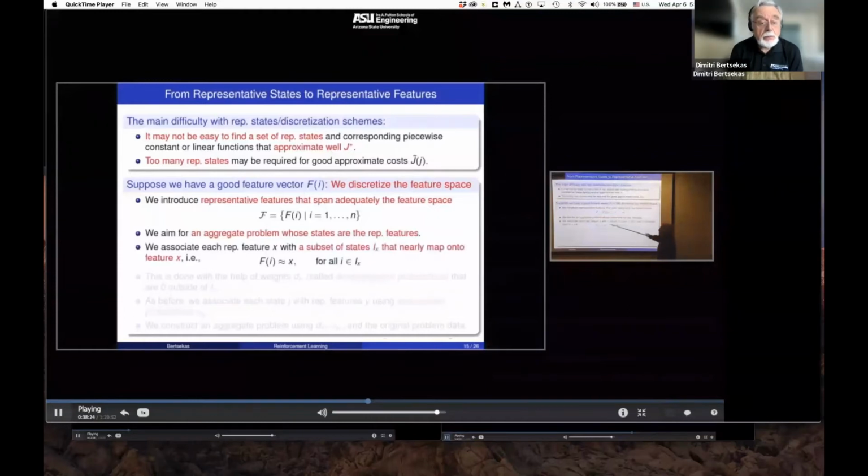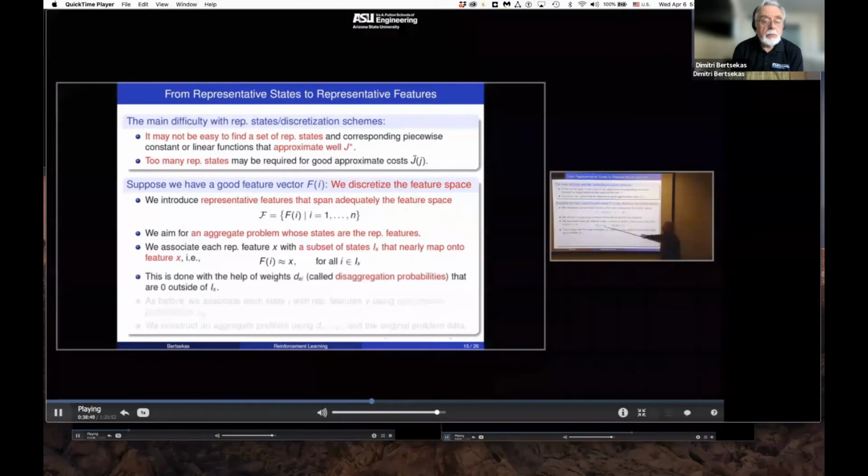And we associate every representative feature with a subset of states that approximately map into that representative feature. Remember, x is a representative feature, and we consider states that have a feature map that almost map into that.